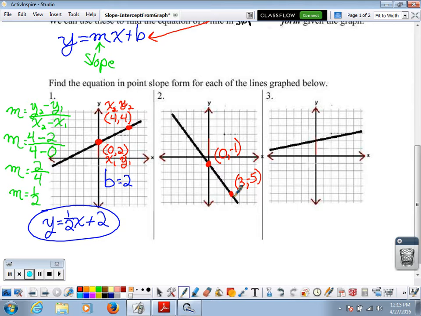Now, I know that I'm going to use the slope formula. I know that I'll have m equals y2 minus y1 over x2 minus x1. So I know I need to label those points. Well, Callie, how will I label 0, -1?